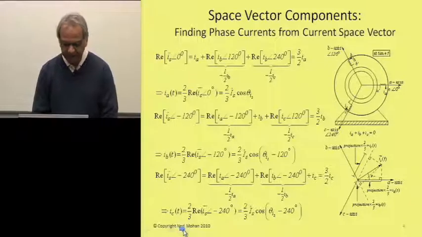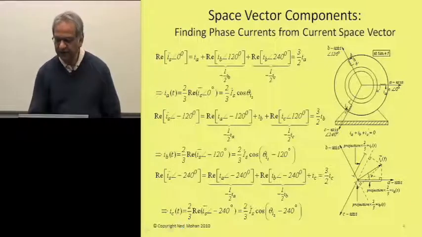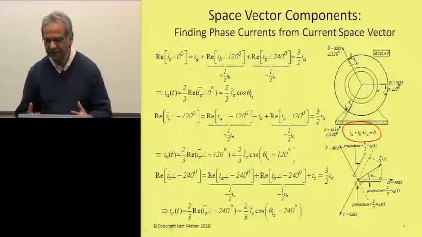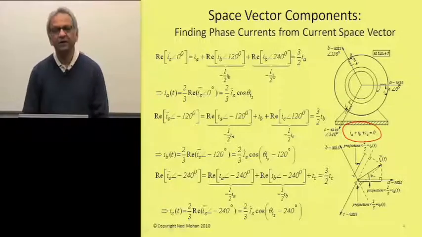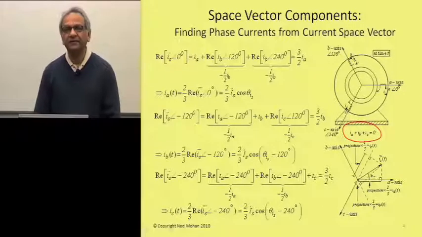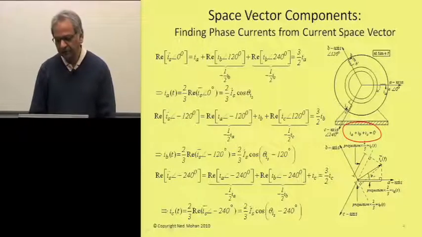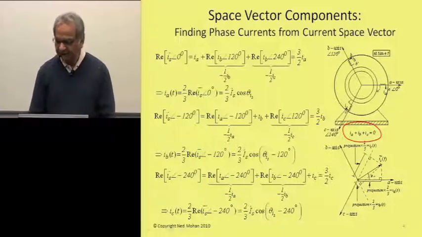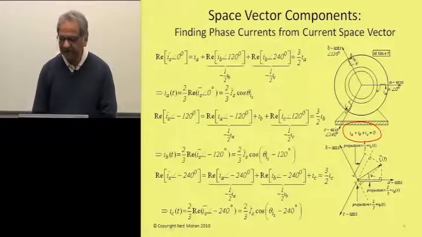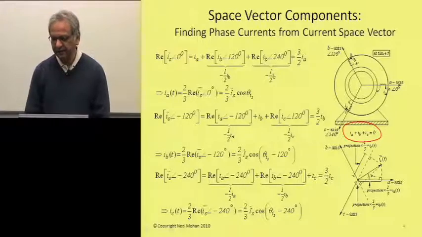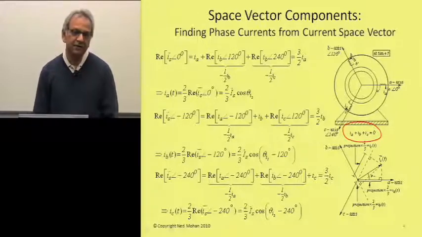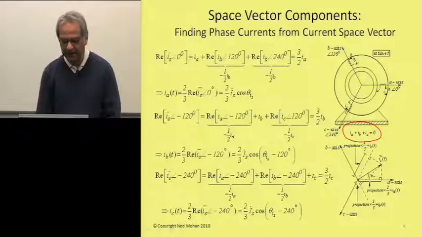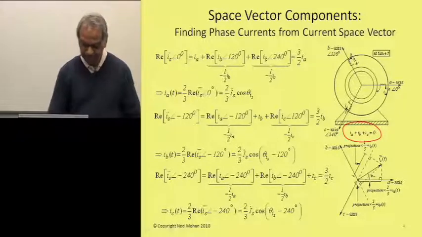And this is made possible because we have a constraint here: by Kirchhoff's current law, IA plus IB plus IC is equal to 0. So making use of that, we can mathematically, or graphically as shown in the slide, find, given a stator current space vector, what the components IA, IB, and IC would be.